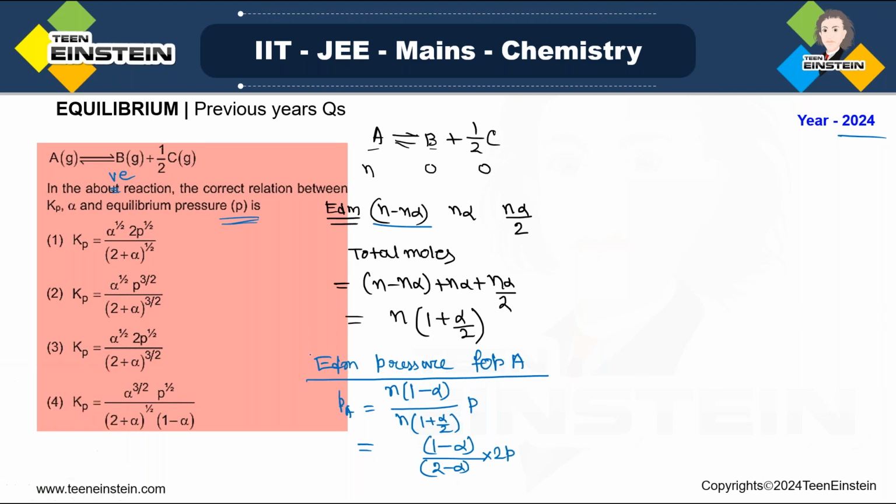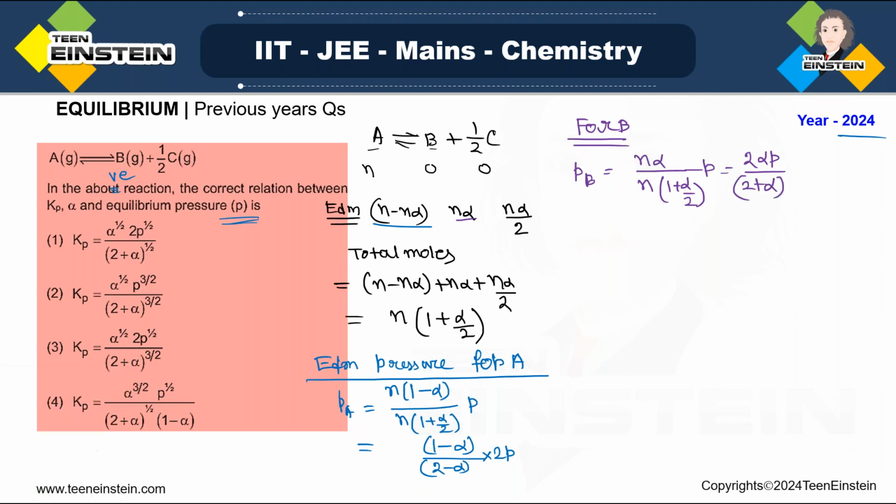Next we will find the equilibrium pressure for B. Similarly, PB: look at the number of moles, it is N alpha divided by N common 1 plus alpha by 2, multiplied by P. N will be cancelled and ultimately the value will be 2 alpha P divided by 2 plus alpha.